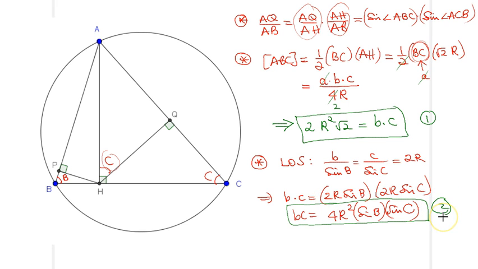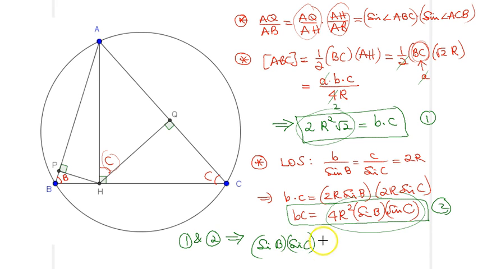Now if I combine 1 and 2, obviously I can remove the BC's here, so I can make this side equal to the other side. The R squares will cancel out, and from here I will get that sine B times sine C is equal to 1 over √2.